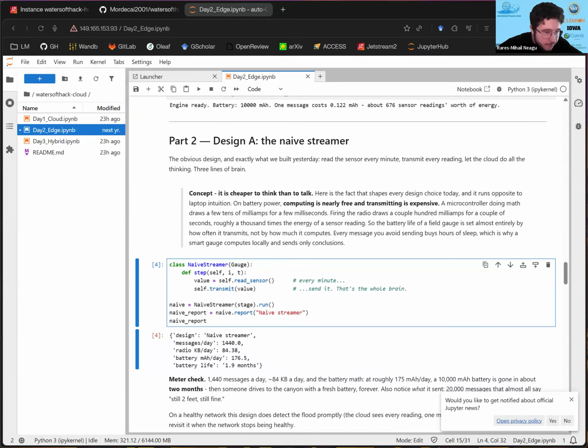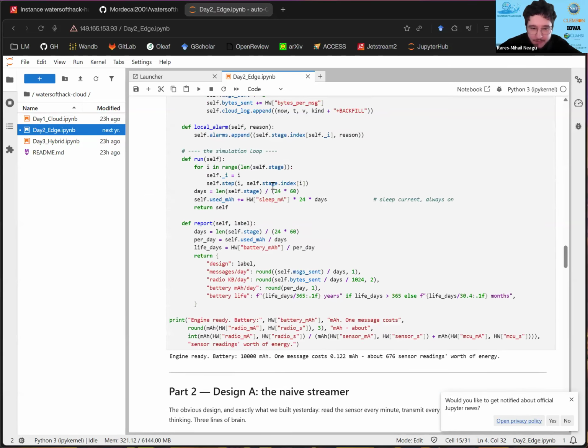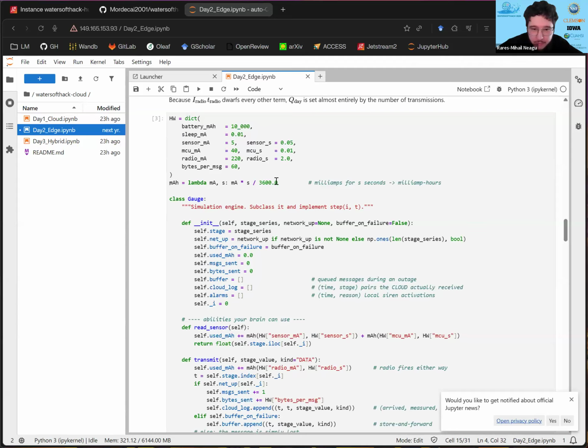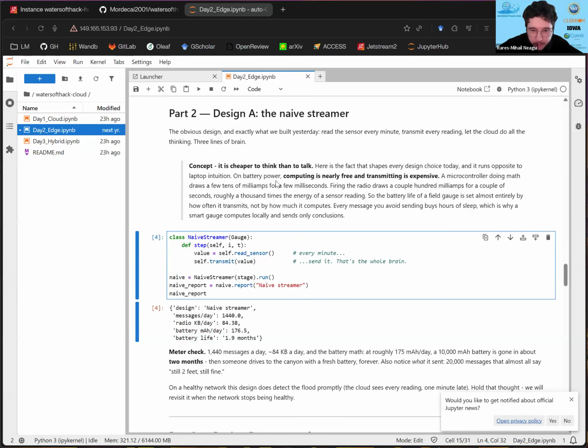So I didn't use OOP before, and I'm trying to track the stage back to where 1 minute step is defined. Which line? Good question. Let's see, where did I define stage? I think it's, okay, stage series. Where did we define stage series? Let me see. Okay, this is the class definition.